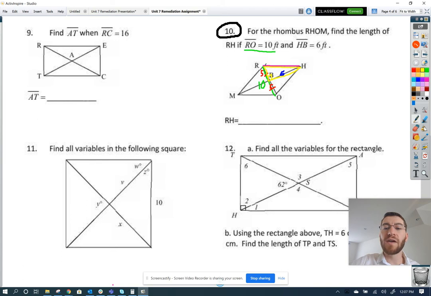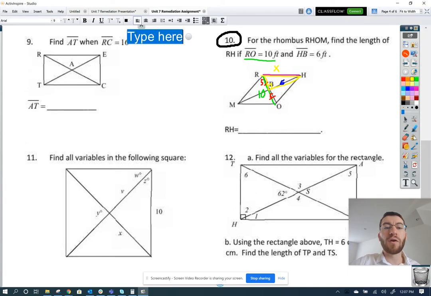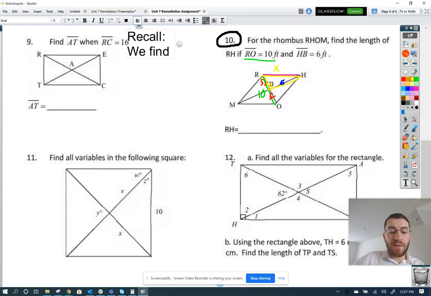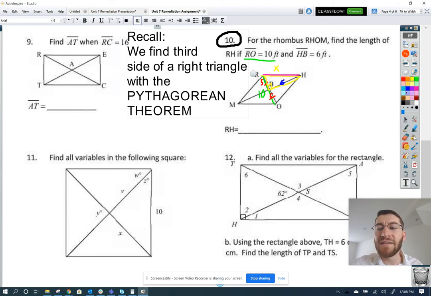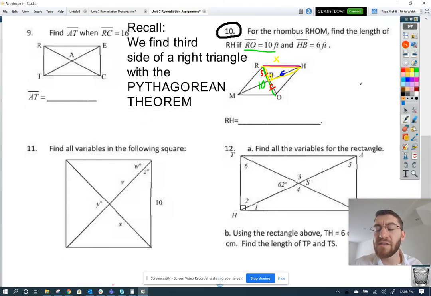We want to find the third side of a right triangle, so we're going to recall that we find the third side of a right triangle with the Pythagorean theorem. Big idea. We have used that so many times in geometry, and it does require some recognition, so you're going to have to recall that.